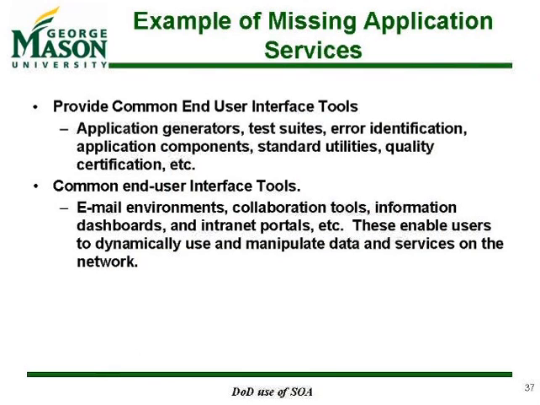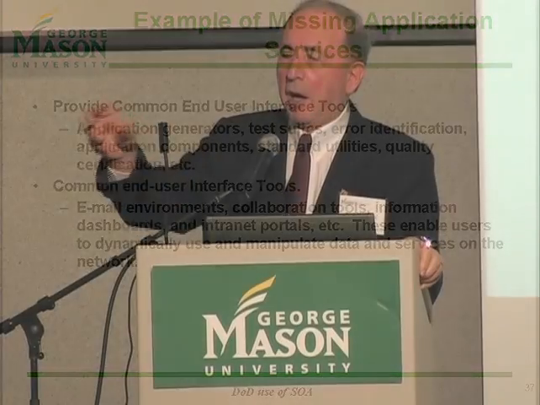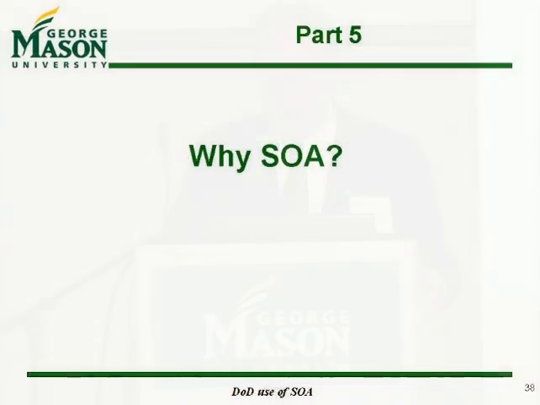And then you have to start buying services components like email environments, collaboration tool, information dashboard, portals. So, in other words, you have to start buying and putting into the transition package open systems tools which are SOA-like. Now, they are not SOA. Email is not SOA. But email embedded in a transition environment as a tool becomes part of an SOA plan.